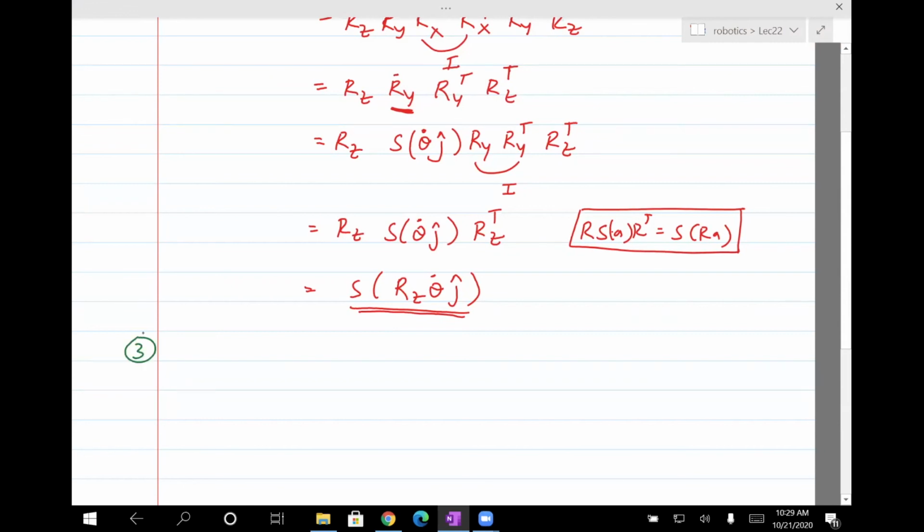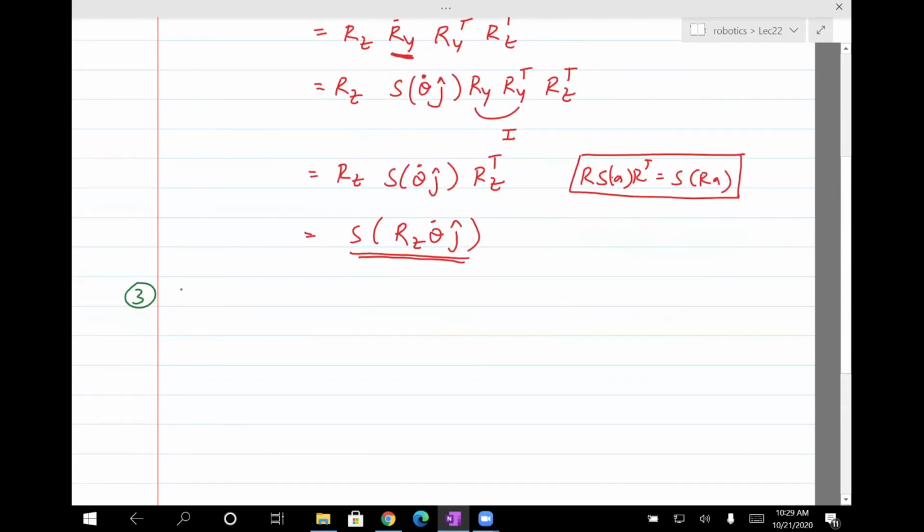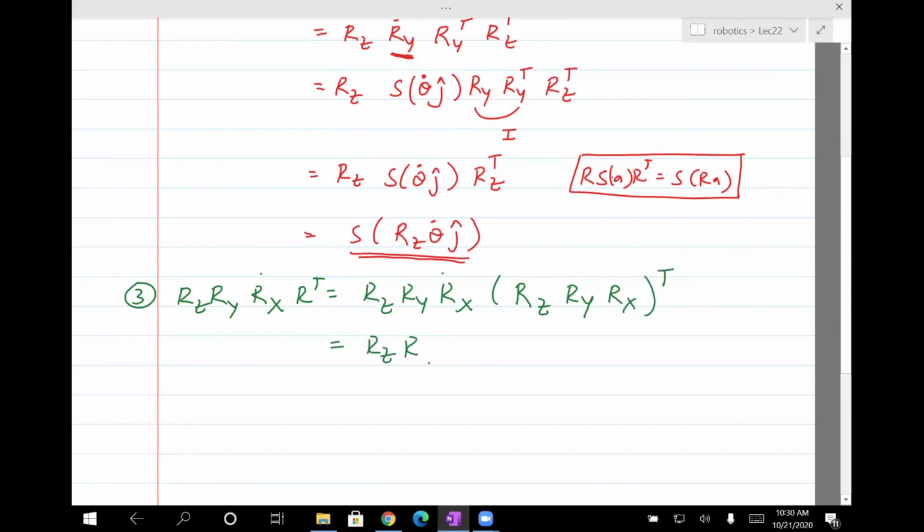The third expression which I had to simplify was Rz Ry Rx dot R transpose, which is Rz Ry Rx dot, and then Rx transpose, and I switch the order.